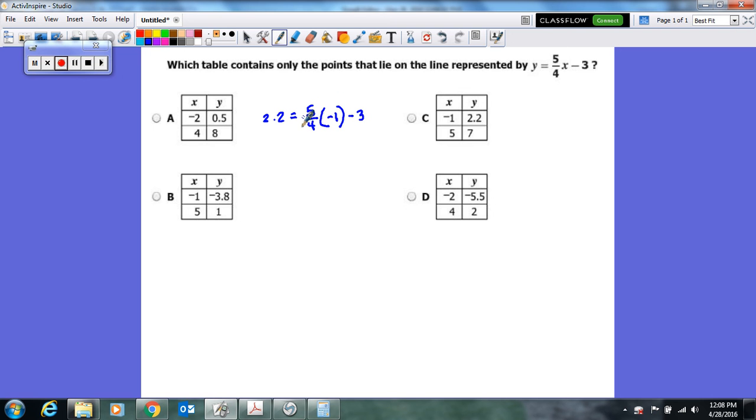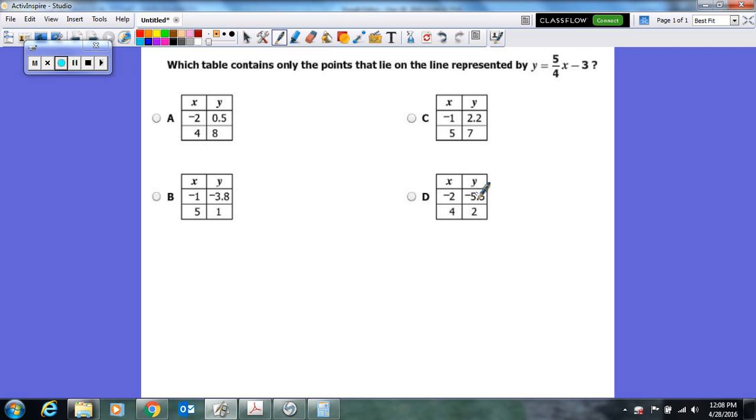And I think we remember from the last one, this came out to -4.25. That doesn't equal 2.2 either. So none of the first ordered pairs for any of these first three tables are working. So hopefully the first ordered pair in table D will be the magic formula for us. Let's go ahead and try that one.